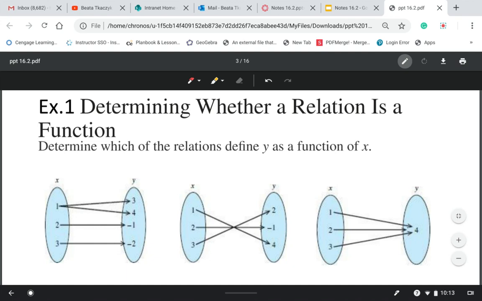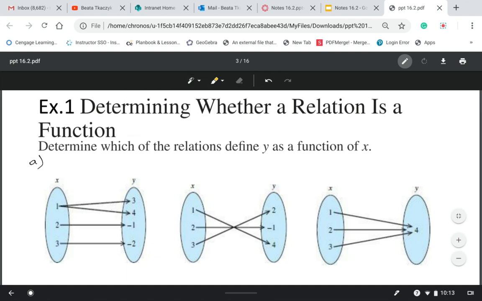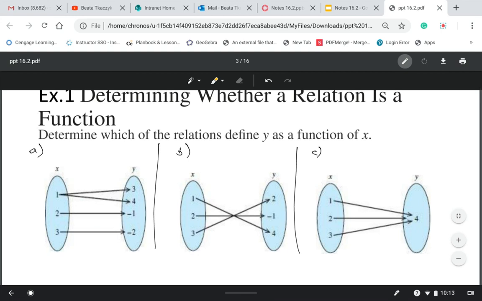So here we have three different relations, A, B, and C. The question here is to decide which of the relations defines y as a function of x.